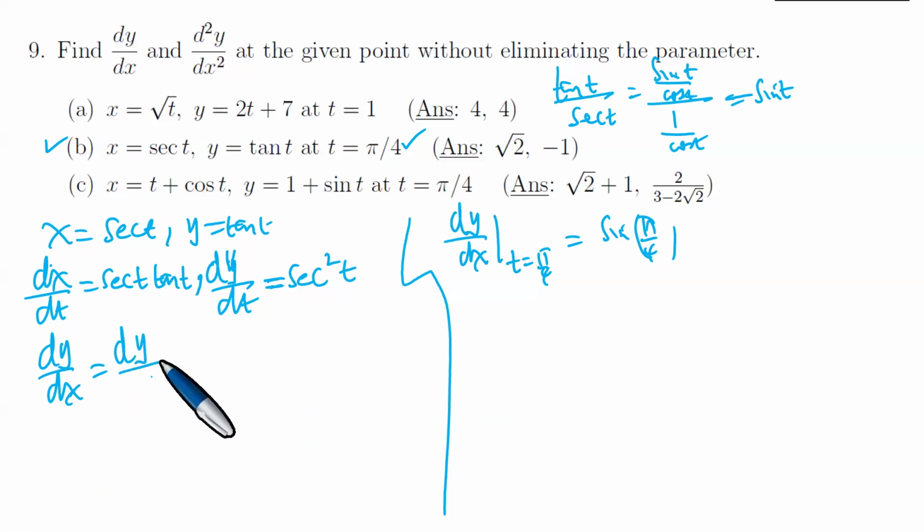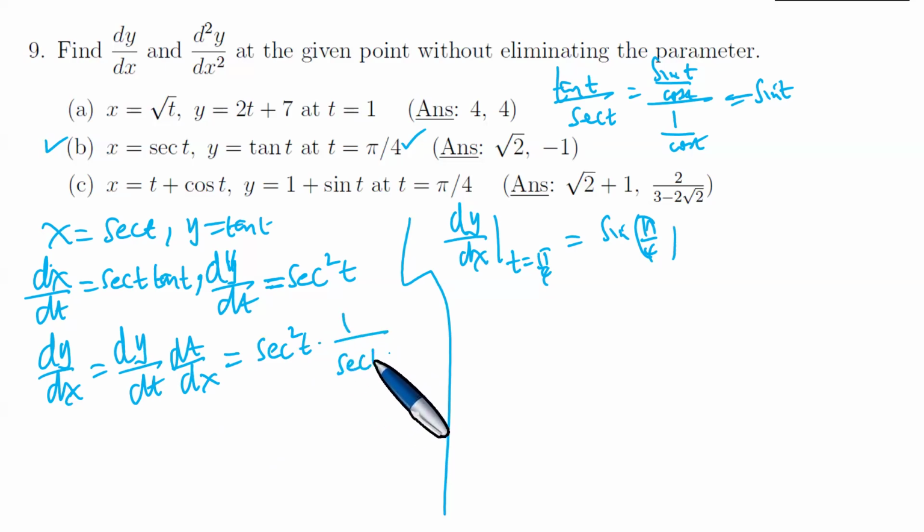So this is dy/dt over dx/dt. So the dy/dt becomes sec squared t, and dx/dt is sec t tan t. Cancel these, and then you have tan t, because this sec cancels one of them.